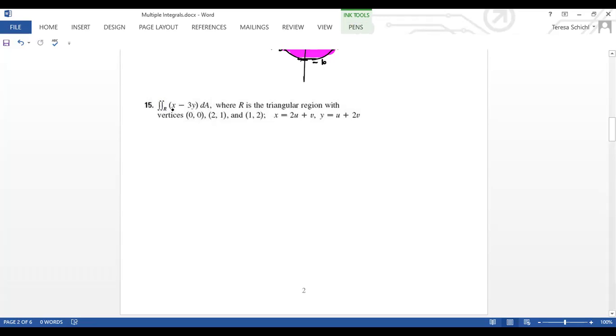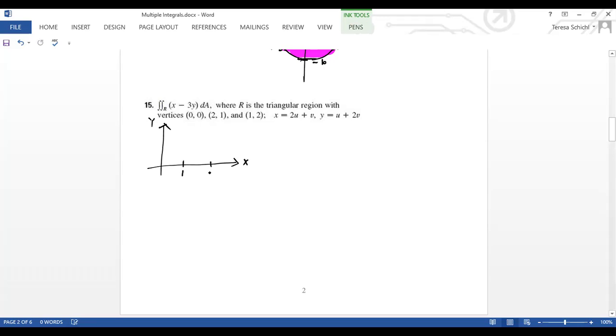So here this is the integral of x minus 3y dA. R is the triangle region with vertices from 0, to 1, and 1, 2. Okay, oh boy. Let's start to graph it. So this is xy, and this is 1, 2.